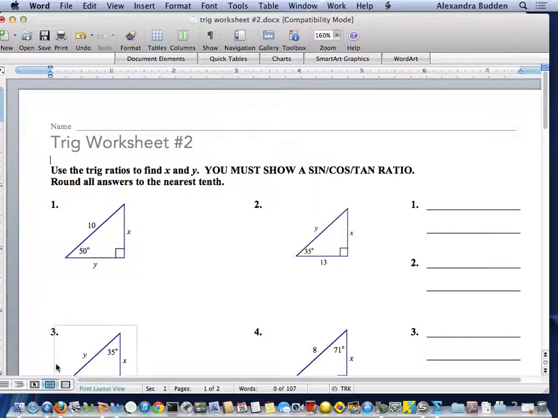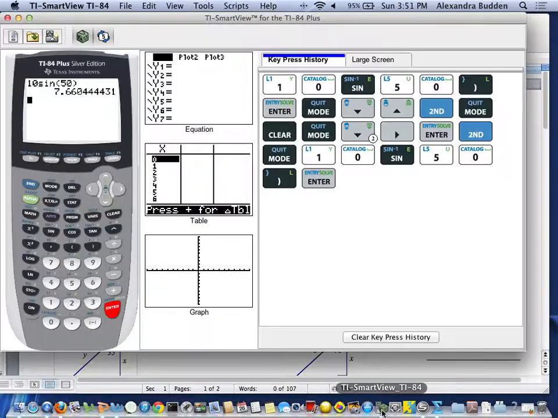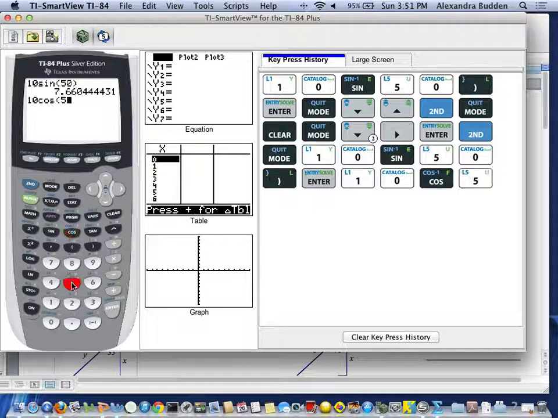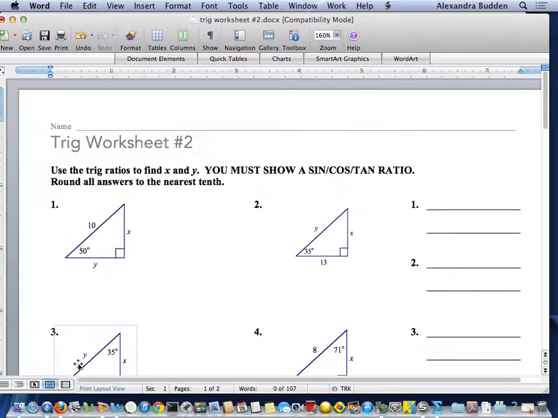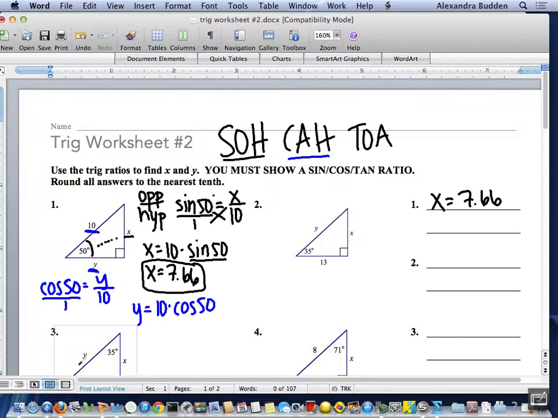Again, we need to go to the calculator. This time I'm going to do 10 multiplied by the cosine of 50 degrees, and I get 6.43. So y is equal to 6.43.